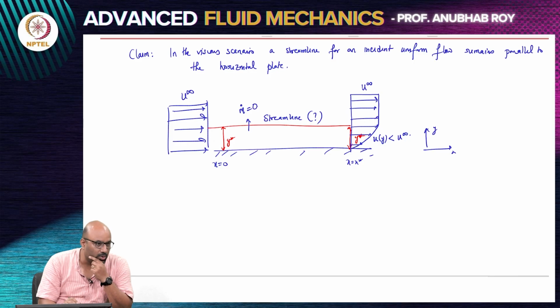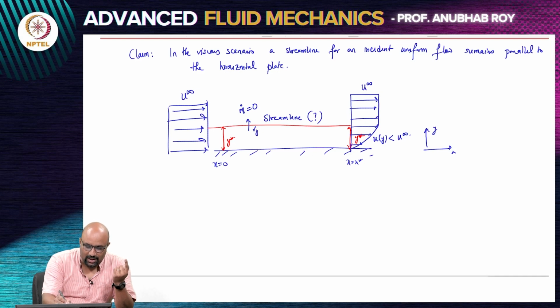because we know the definition of a streamline is the flow is always tangential. Which means if the streamline is parallel to the x axis, along the y direction there is no flow.